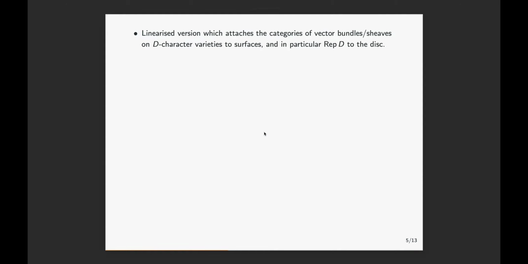So now, this was the classical TFT, which will produce some geometric objects out of the surface. And then you can linearize by taking the category of vector bundles or maybe quasi-coherent sheaves on those objects. And again, this is where it's important to work with a stacky version: to the disk, you will attach the category of representations of the group.